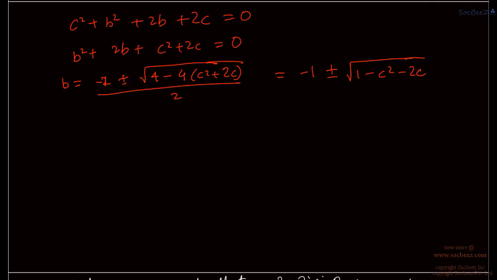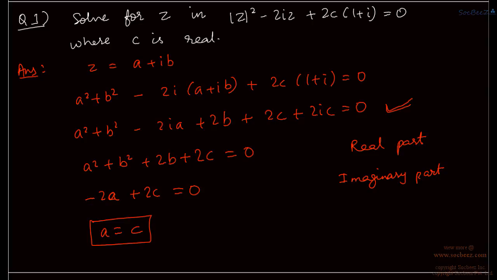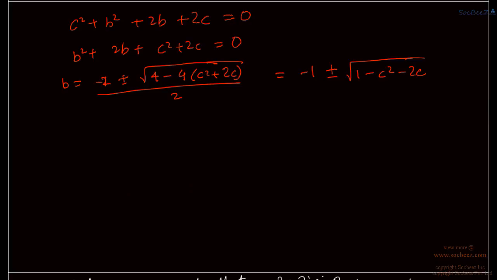Now, they have said that b should be a real number, right? Because i is already written, b is the imaginary part, that means b itself is real. ib makes it completely imaginary. So, in that case, this term should be positive, so that it is the square root of a positive number. Well, that means 1 minus c squared minus 2c should be greater than 0, right?